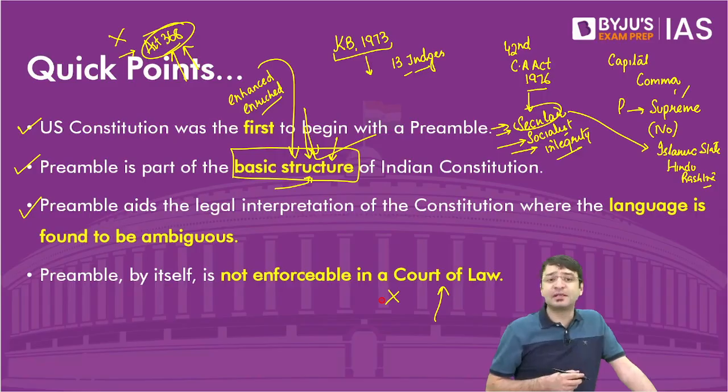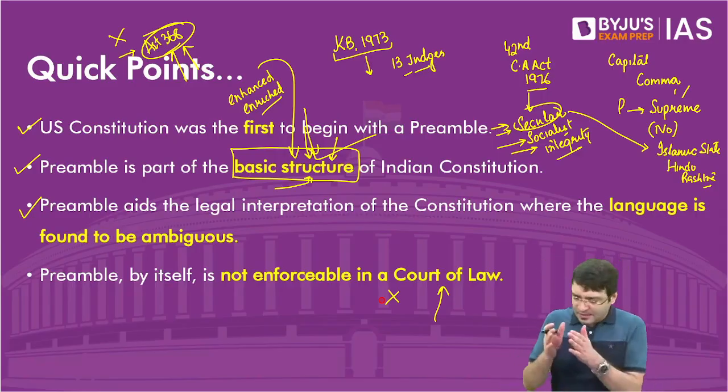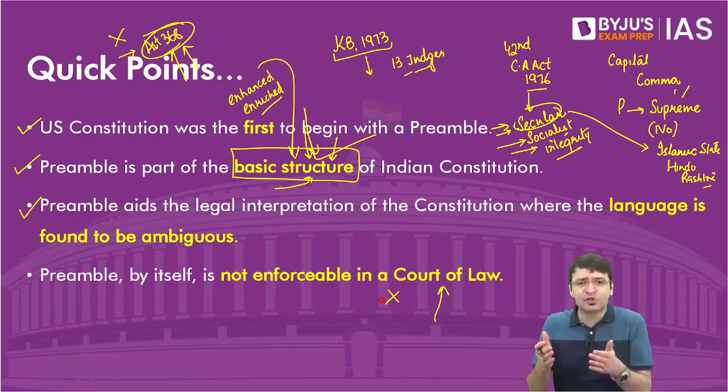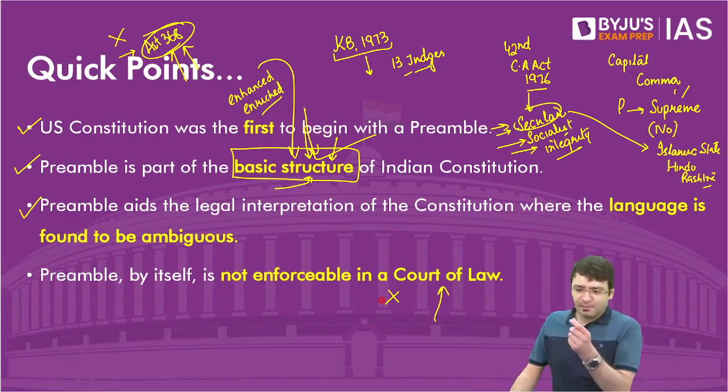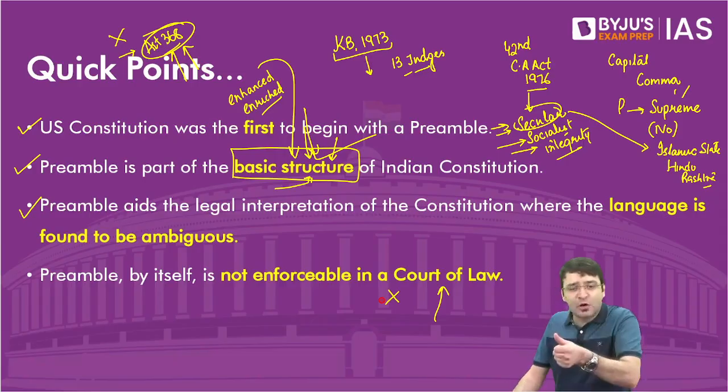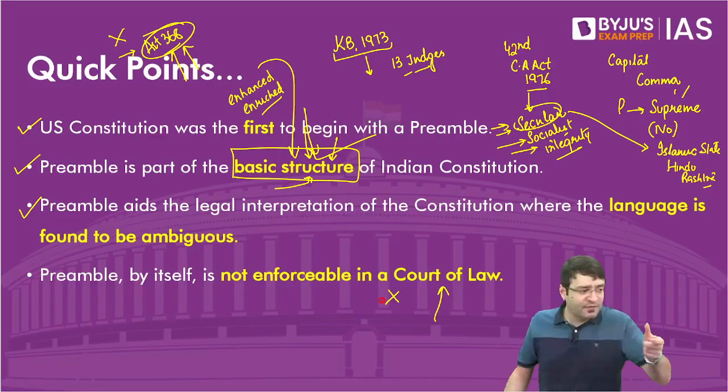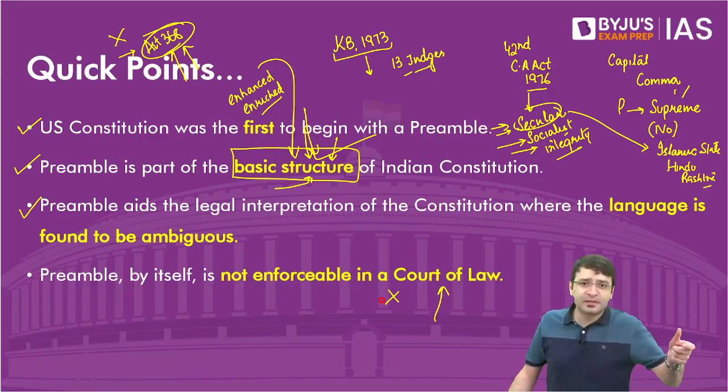But then what is the significance? Even if preamble is not enforceable in a court of law, what is mentioned in the preamble? Justice, social, economic, political. To implement this objective of the Constitution, we have fundamental rights.